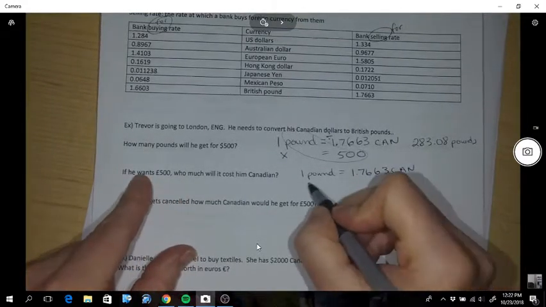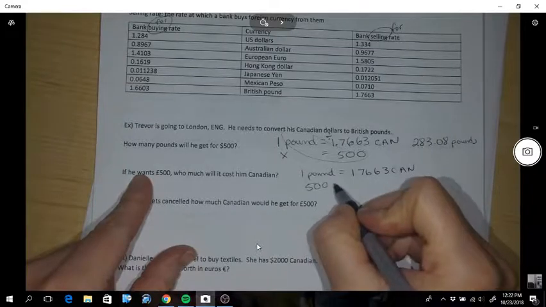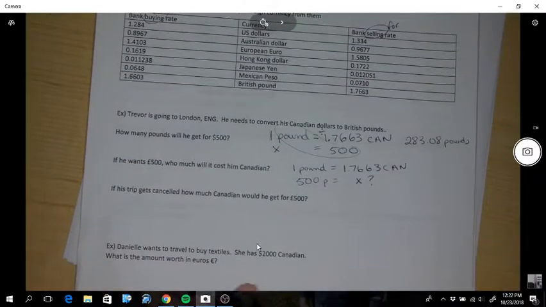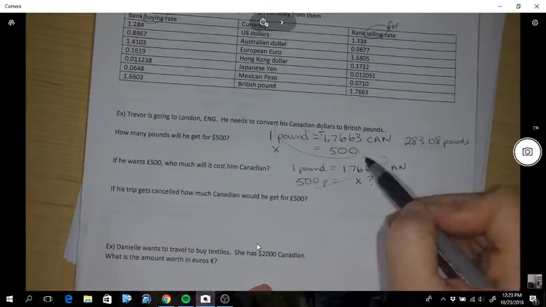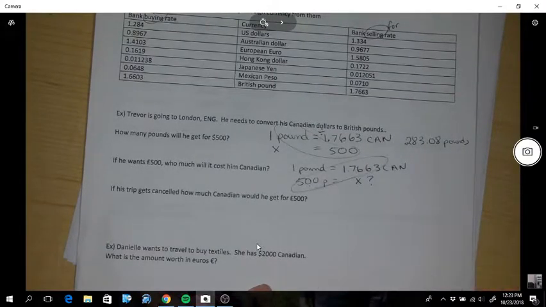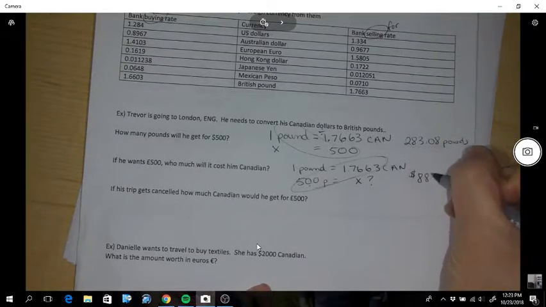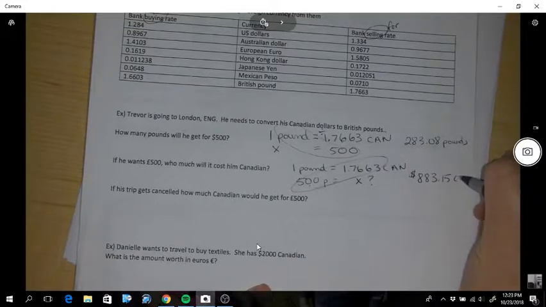So now he wants 500 pounds. In a cross multiply, you would do this times 1.7663. So therefore, it would cost you $883.15 Canadian.